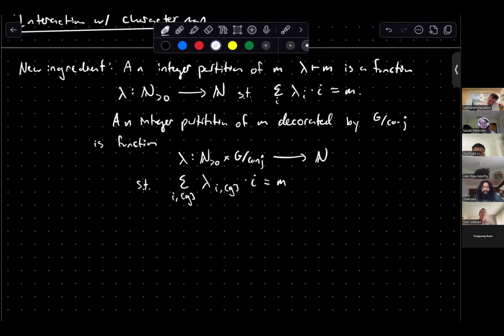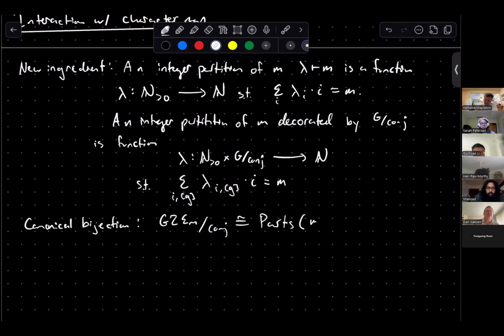So the reason this is happening is the following. There's a canonical bijection between the conjugacy classes in G wreath sigma m and the set of partitions of m decorated by G mod conj.